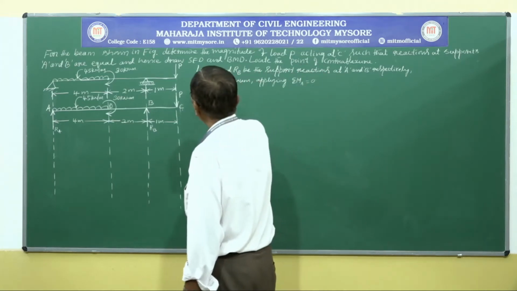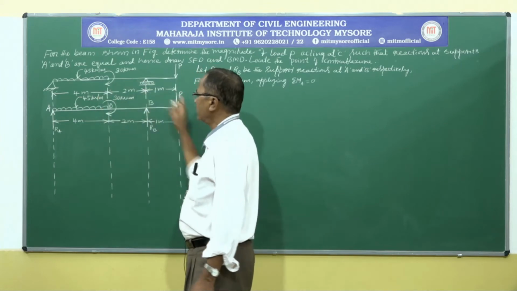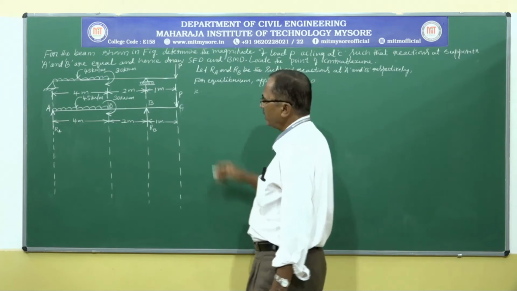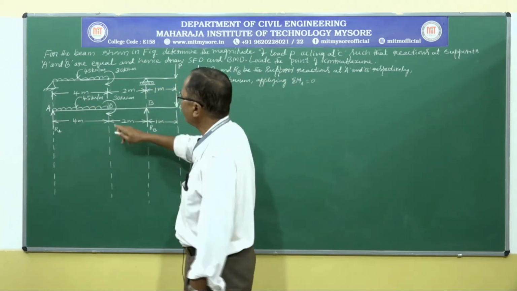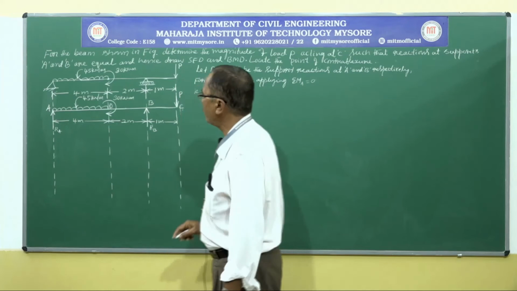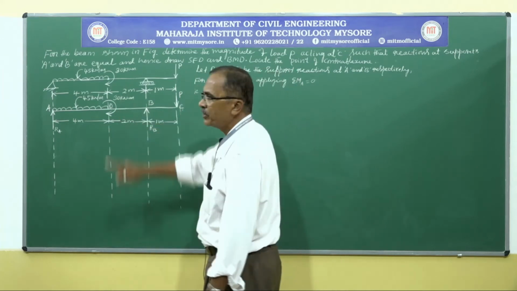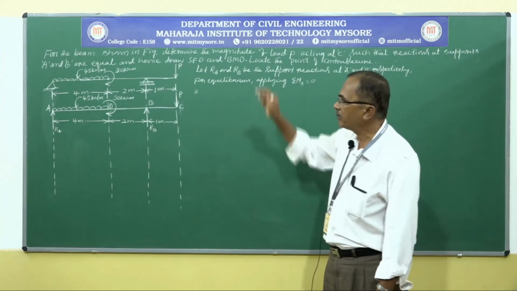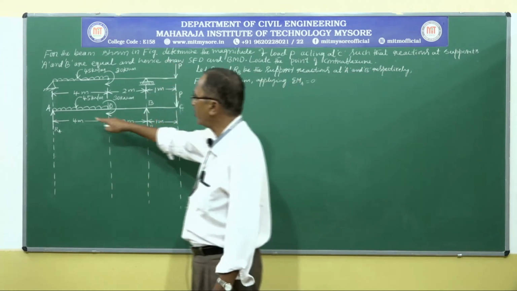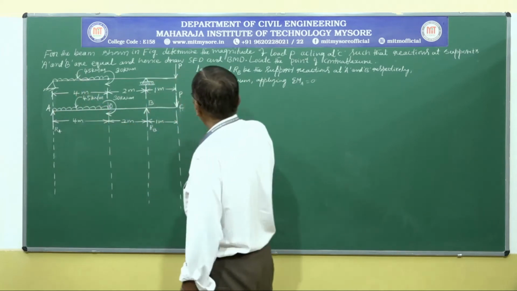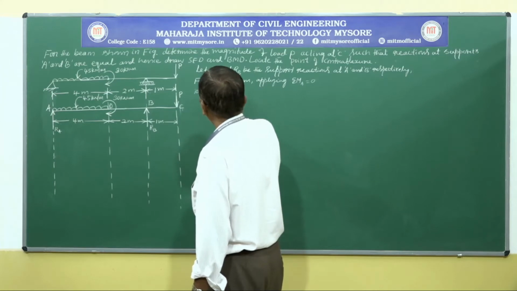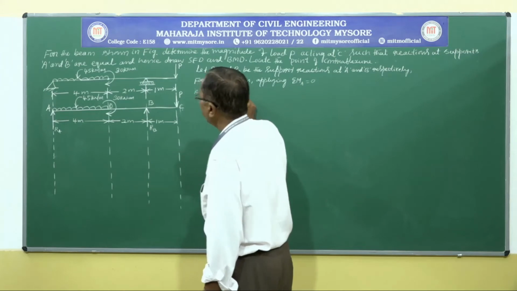so you are already familiarized with this taking moment and all. Still, let us discuss and write. Moment due to RA at point A is 0, we are not writing. And next it is a uniformly distributed load. That uniformly distributed load is to be converted into a point load, and that point load will create a clockwise moment about point A. So clockwise positive, 45 into 4 is a point load acting at the midspan, 4 by 2.